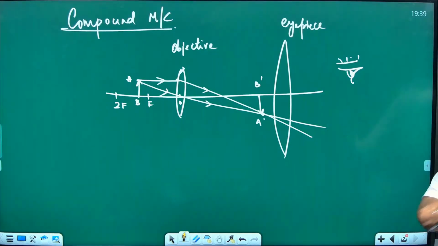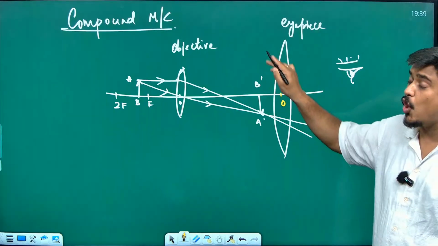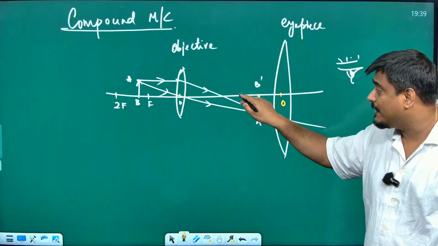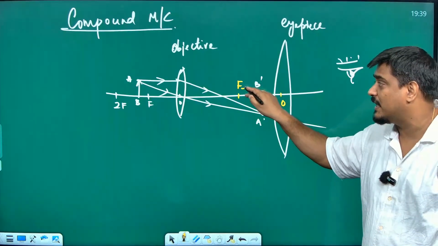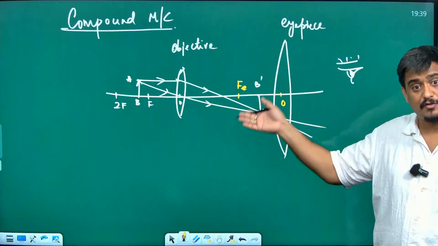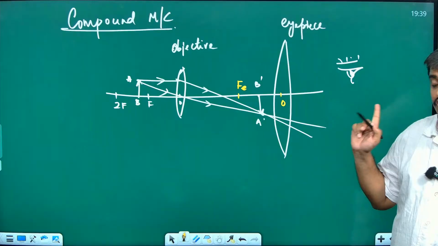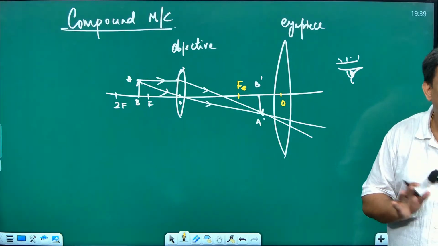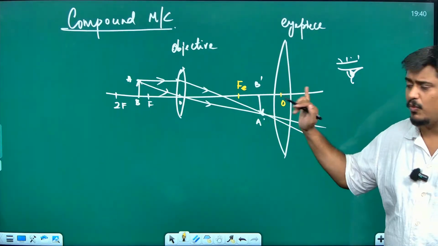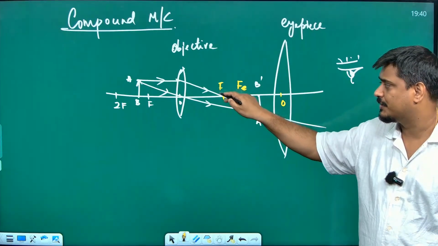But now I have to make sure that this image made by the objective is between O and F of the eyepiece. Do you agree with me? Now, if it is between F and 2F, it forms once again a real image. I will not be able to see that. Now, I should definitely see a virtual image. Only possible if the object is between O and F. Am I right? And this point is only that F of objective.